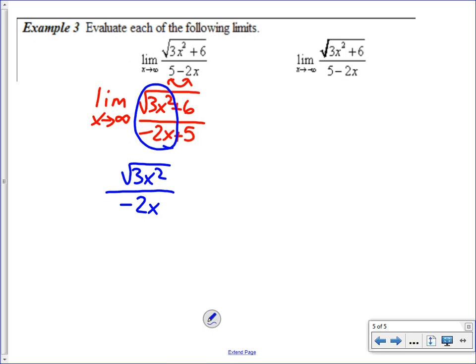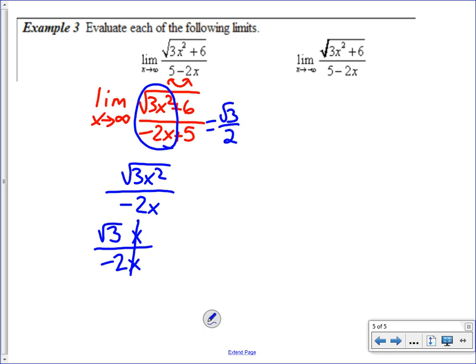Well, the numerator would be the same as square root of 3 times x, because the square root of x squared is just x, over negative 2x. So that's basically going to reduce right there. So now notice that we end up with square root of 3 over 2, which basically would be the answer to your limit.